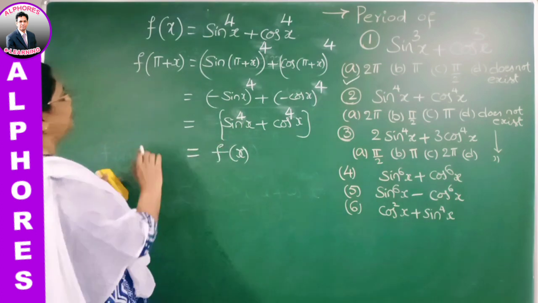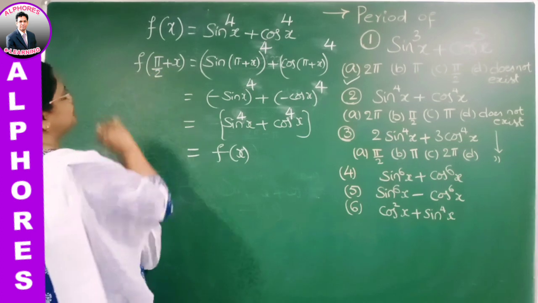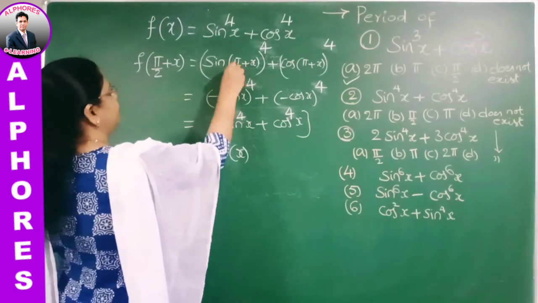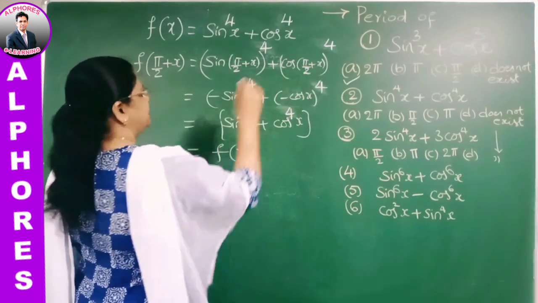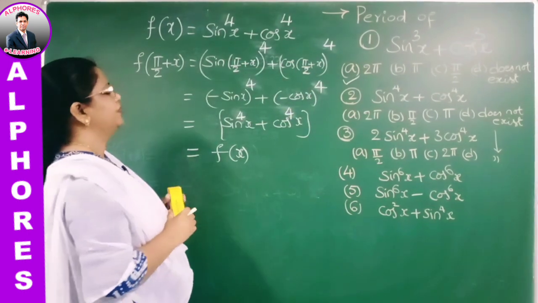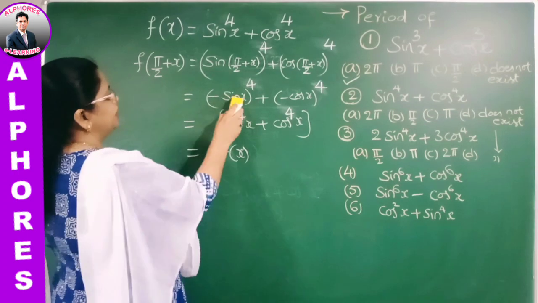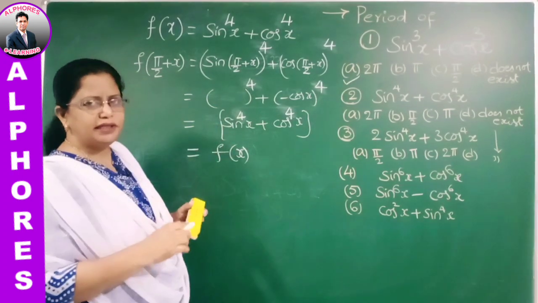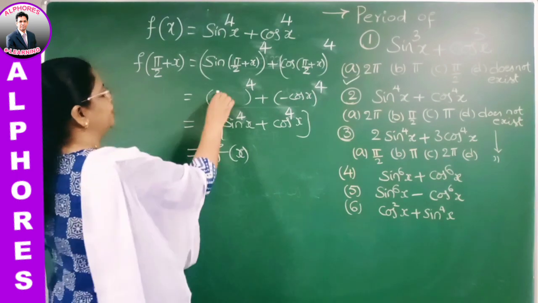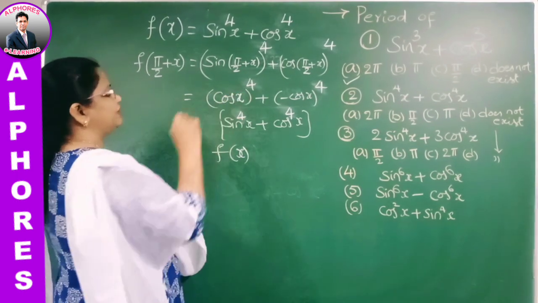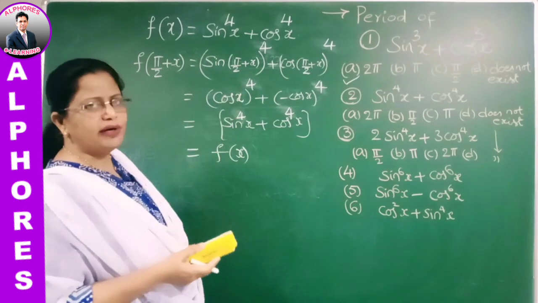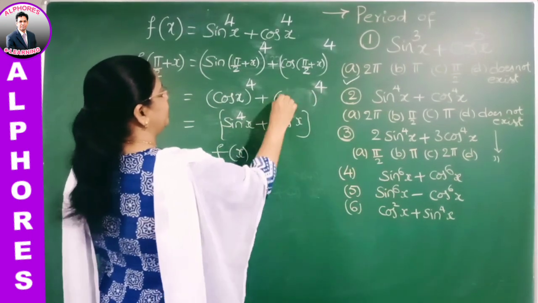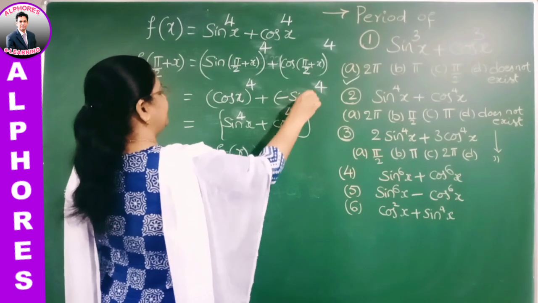Now what will happen if I write this as pi by 2 plus x? Then this is sin of pi by 2 plus x, and this one is cos of pi by 2 plus x. What is sin of 90 plus theta? Sine of 90 plus theta is nothing but cos theta. Therefore you get cos x. And cos of 90 plus theta is nothing but minus sin x.